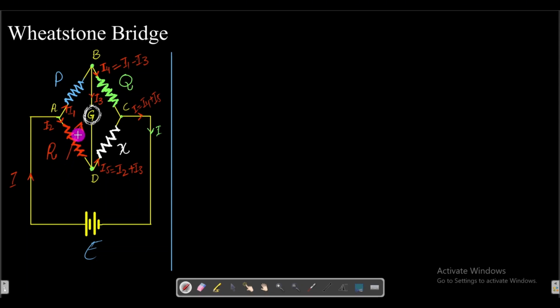So with this variable resistor, we will tune this current, and we will try to make this current I3 zero. When the current I3 is zero, we call this bridge a balanced bridge.